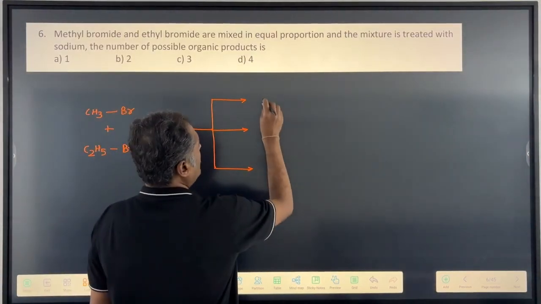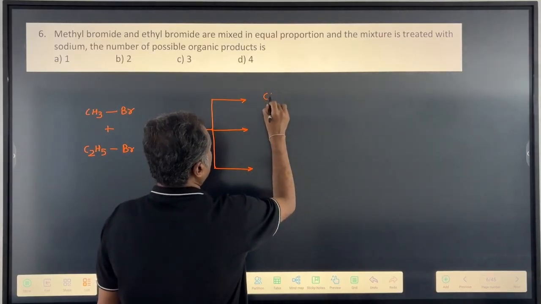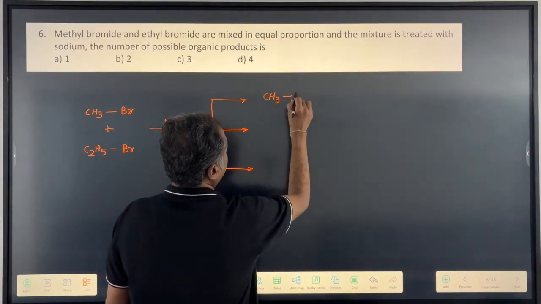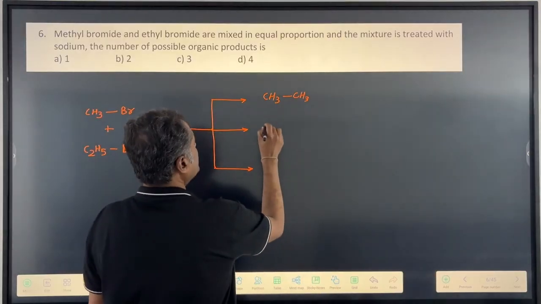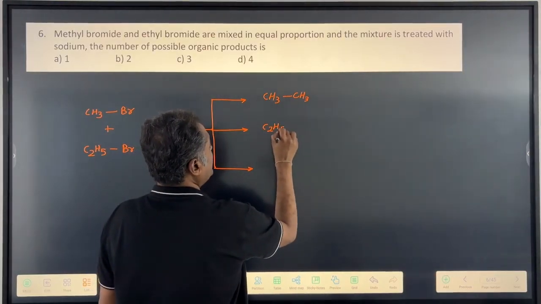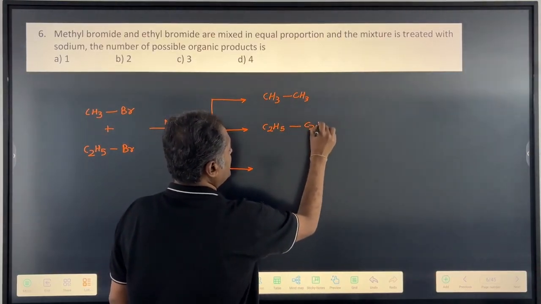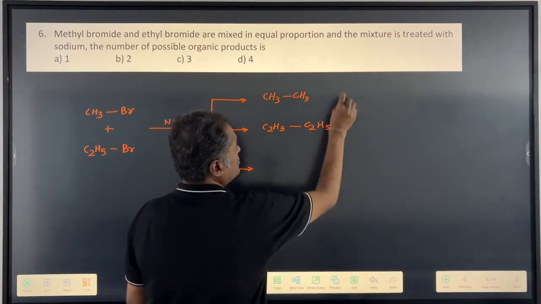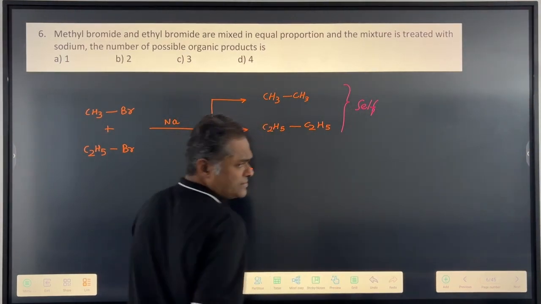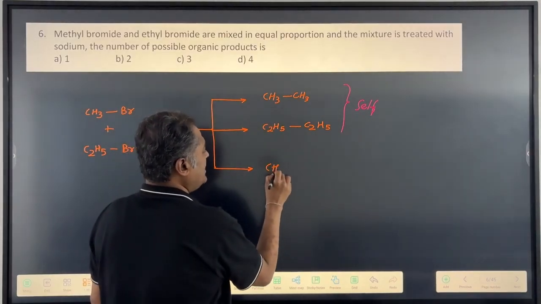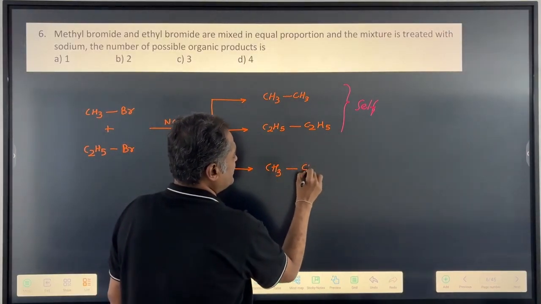Possibility number 1: your methyl group can combine with methyl to form ethane. Second, ethyl bromide will react with another ethyl bromide to give butane. Both these products are self-coupling products. And the last one, methyl can also combine with an ethyl group.